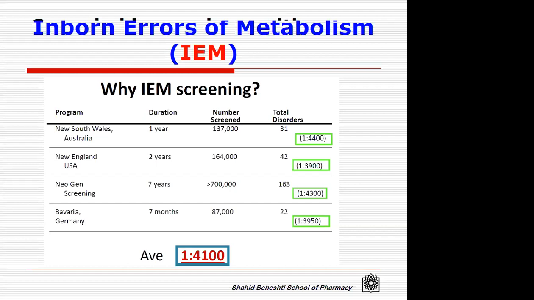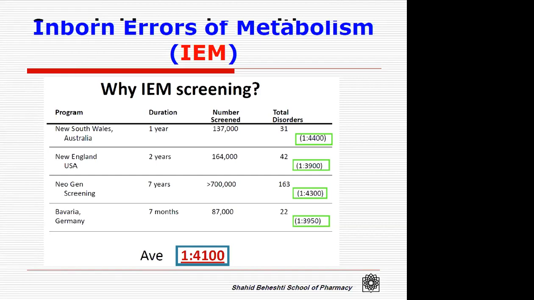That means from 4,000 babies born all around the world, one of them is born with one of the metabolic disorders such as PKU, MSUD, MCAD, MCHAD. There are many of them, and actually there are around 55 disorders which could be diagnosed, and they are treatable.